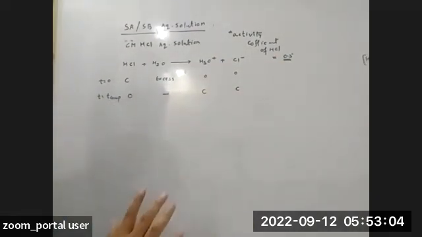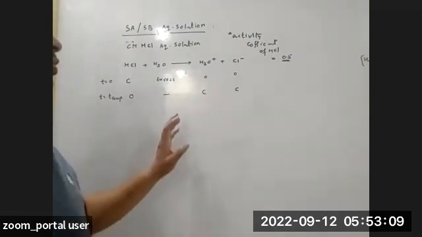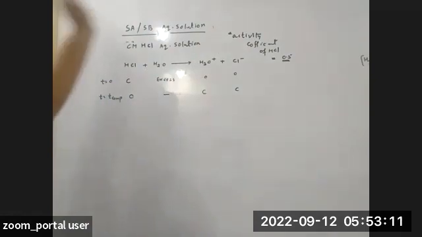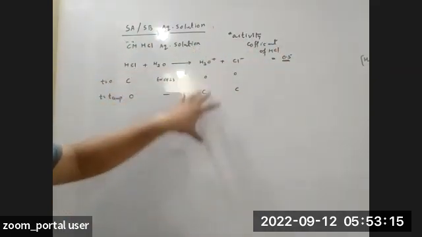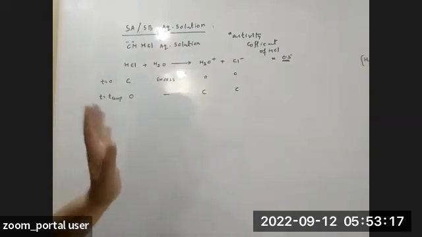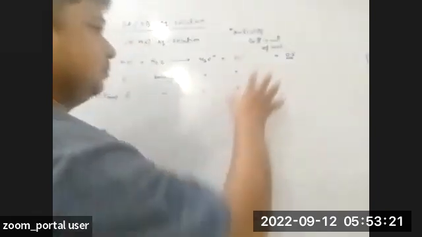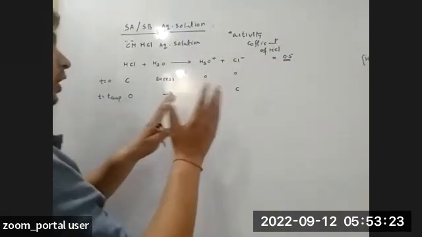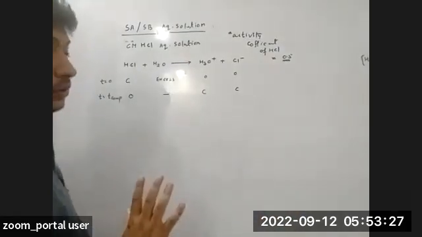Is it okay to everyone? So if in the given problem activity coefficient is 0.5, then H plus ion will be 0.5 into C. But in JE, in most questions, up to class 12 this activity coefficient is not in the syllabus.